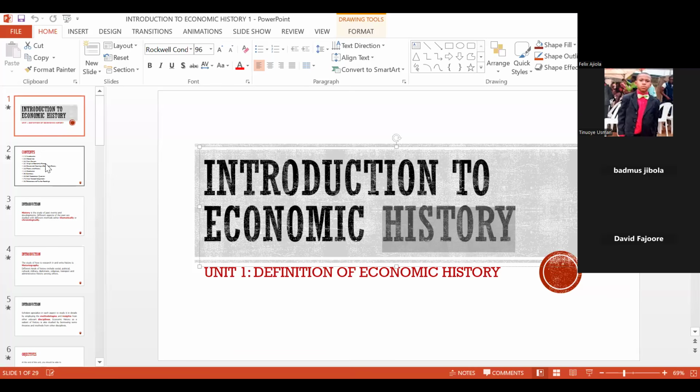This topic is divided into two parts. Part one will focus on the definition or conceptualization of world economic system. Then we'll narrow to two types of economic systems: mercantilism and laissez-faire.